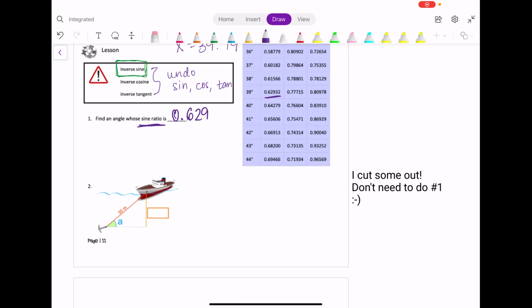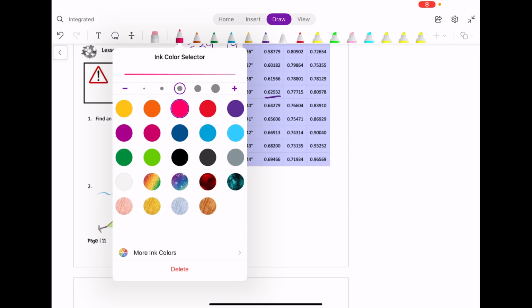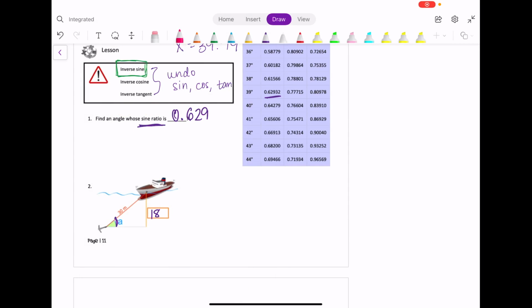We want to find this angle A. Let's call this 18. So we first have to figure out which ratio we have. We have opposite and we have hypotenuse, so sine of A is 18 over 30. So you write A equals sine inverse 18 over 30.